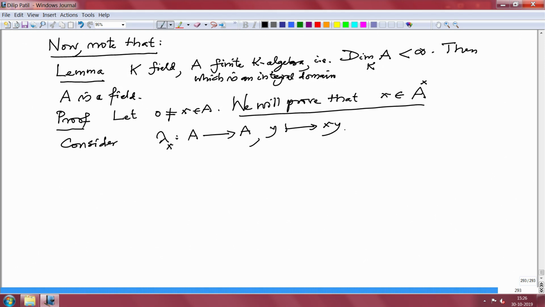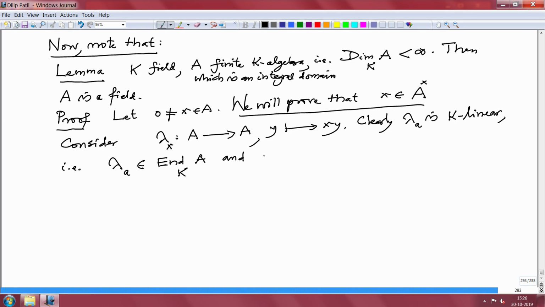This lambda x is clearly K-linear. That is, lambda x is actually an endomorphism of this vector space, and lambda x is injective.